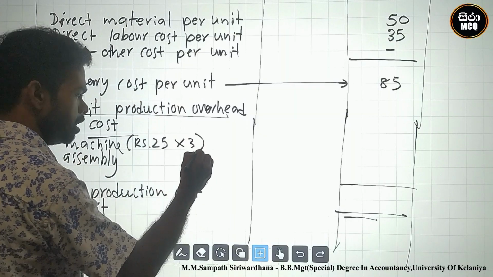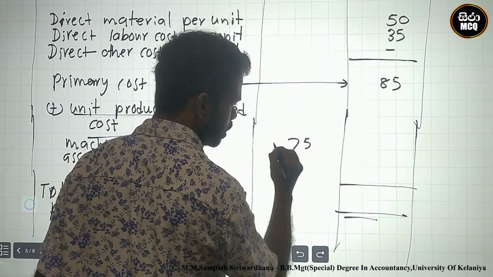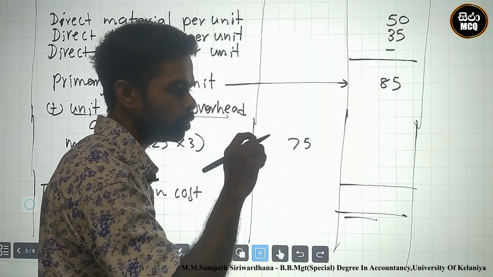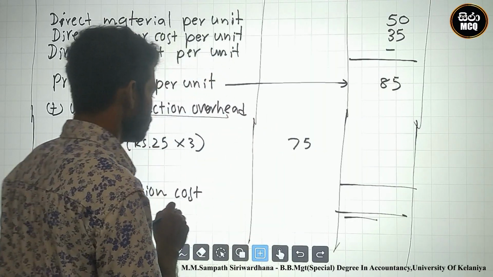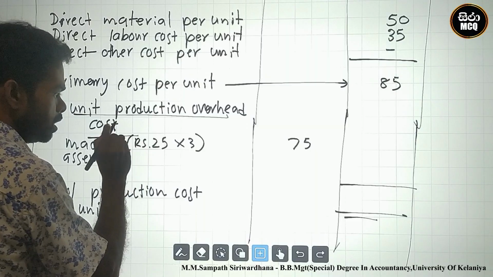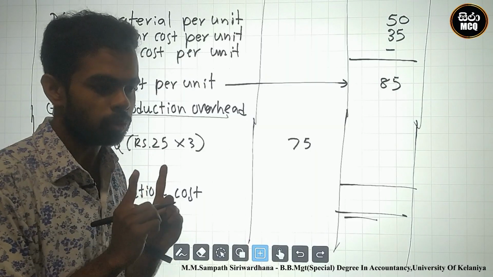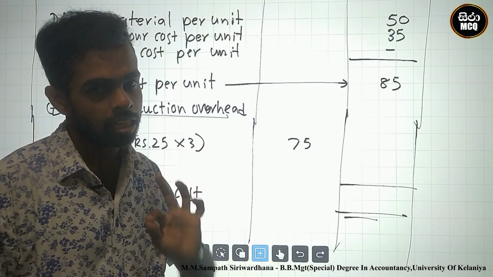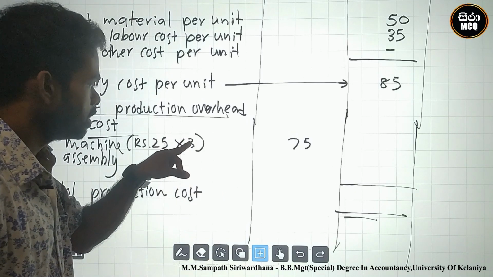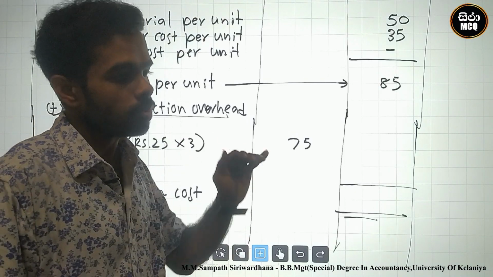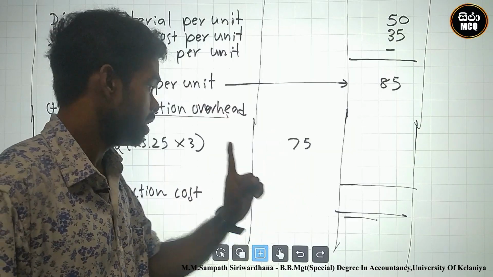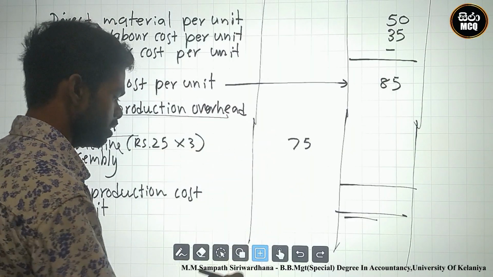Therefore, I multiplied 25 by 3, and 75 overhead cost should be included in the production cost.